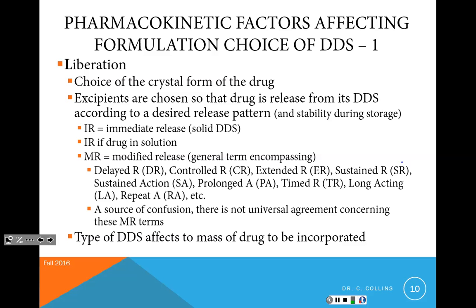Then there are other drugs that require almost gram quantities. So what dosage forms you can incorporate them into is limited by how much drug you need for a given dose. And in fact, if the dose is high enough, you may not even be able to prepare a modified release preparation because it would be too big. Again, we'll talk about that later.